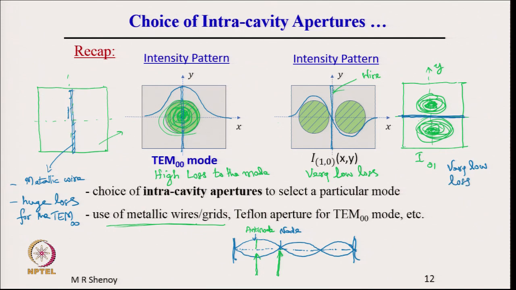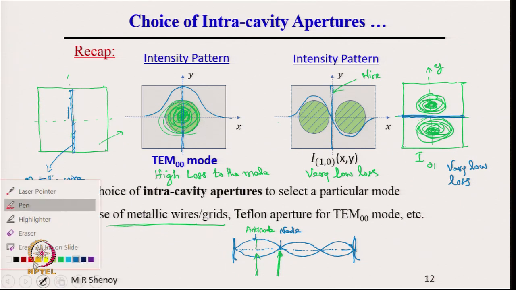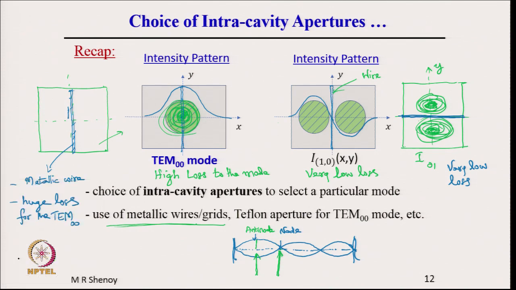But if I place the wire vertically, so let me use another color here, let me use the black color. So, if I place the wire like this, then of course, it will cause huge loss here, because the maximas are in contact with the wire. So, in this case it is high loss.